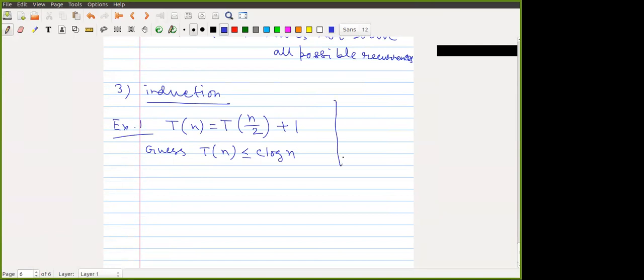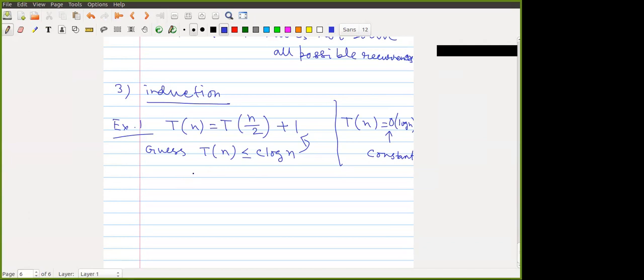Now note that when we write T of n equal to order log n, there is a constant hidden here. And since we are putting these values in exactly, we actually need to specify this constant. It's not that it will hold for any C. There needs to be some bound on this constant C.